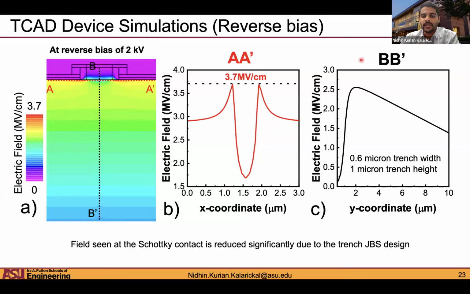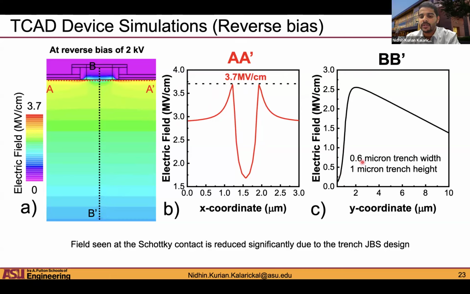Okay. Now on the right, I have two cut lines. So A prime is this lateral cut line. You can see this shows a field of around 3 megavolt per centimeter, and the peak being 3.7 megavolt per centimeter right at this corner. And I also have this B prime cut line, which is a vertical cut line all the way from the bottom to the top of the Schottky contact. And you can see right at the Schottky contact, the field is actually very small.